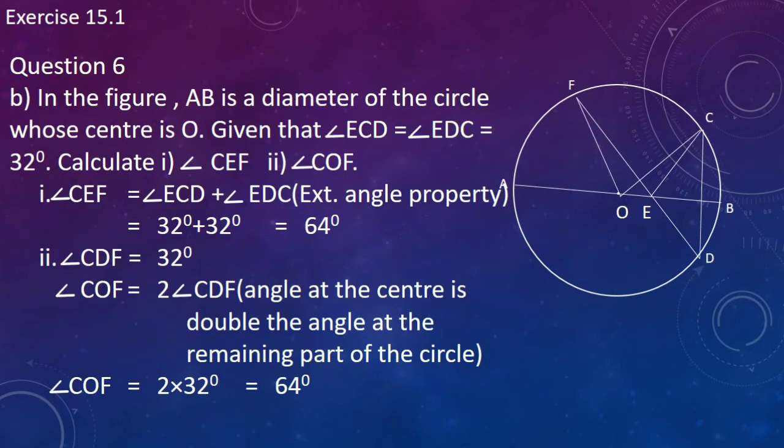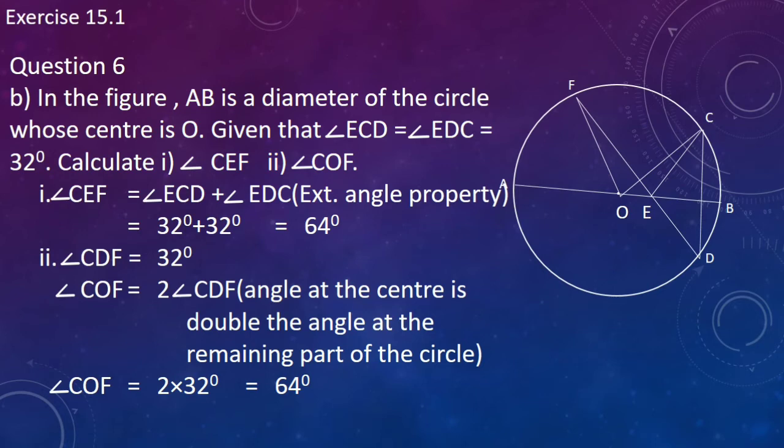Question 6b. In the figure, AB is a diameter of the circle whose center is O. Given that angle ECD is equal to angle EDC is equal to 32 degree, calculate angle CEF and angle COF. Here, for finding out angle CEF, we can consider the value of two angles, angle ECD and angle EDC.